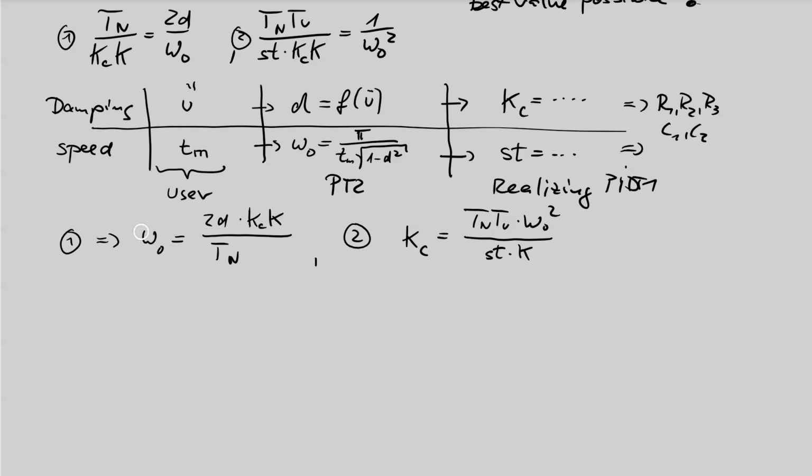Now I set omega naught into this equation. With 1 I get Tn Tv divided by step depth divided by K. It's multiplied with the square of omega naught, which is 4d squared Kc squared K squared divided by Tn squared.